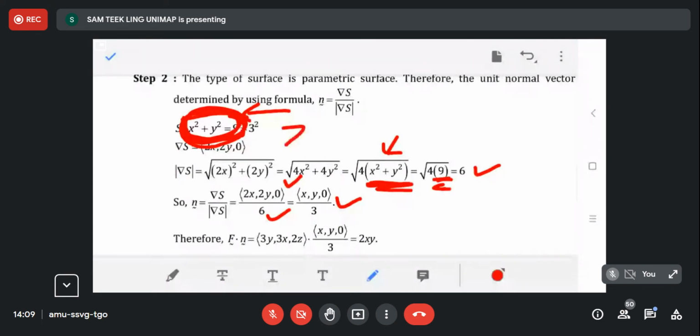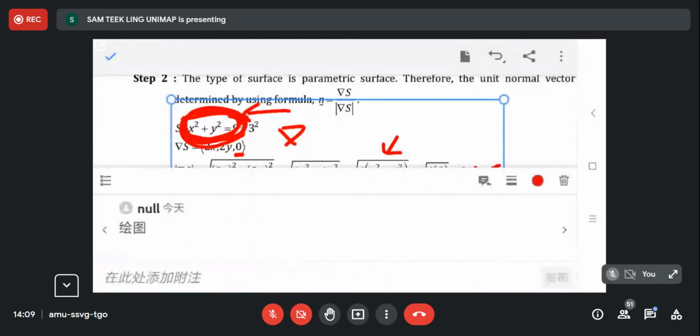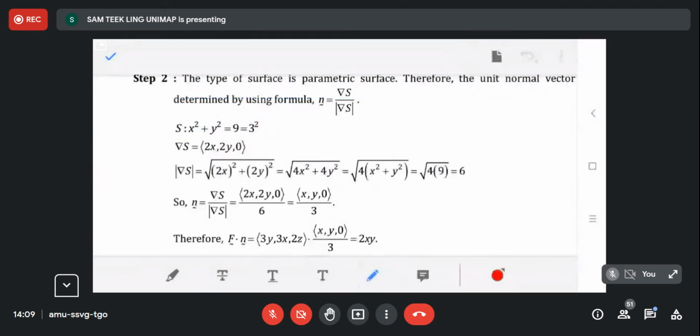Okay, your del is del del x i plus del y j plus del z k. So your i, j, last one is k. Okay, ma'am. So you can write in this form. If you don't want, you can write in this form also.